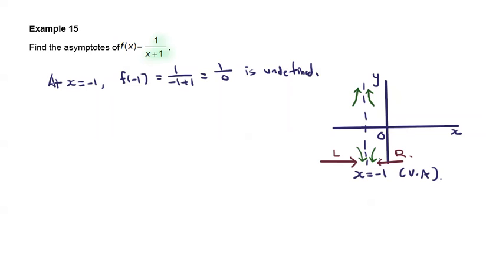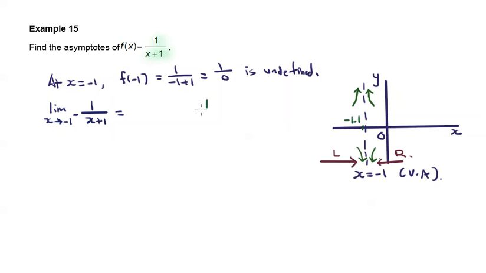Let's start from the left hand side. The limit as x approaches -1 from the left of 1 divided by x plus 1. So we check by substituting values. On the left hand side we can try -1.1.